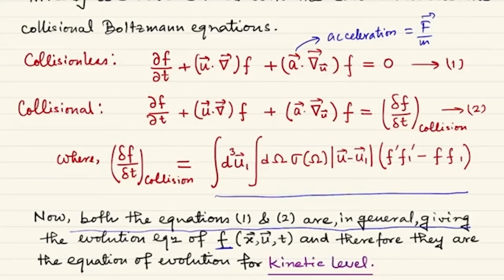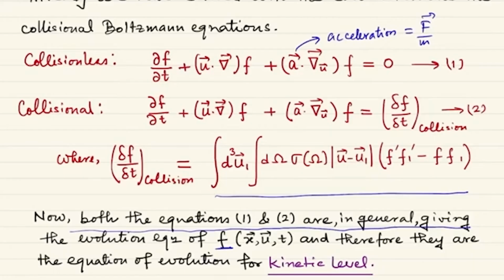As I said in one of the previous lectures, we are trying to develop a dynamical theory at different levels. So this is the kinetic level equation of evolution. For every dynamical system we need an equation of evolution, and before that a well-defined state.